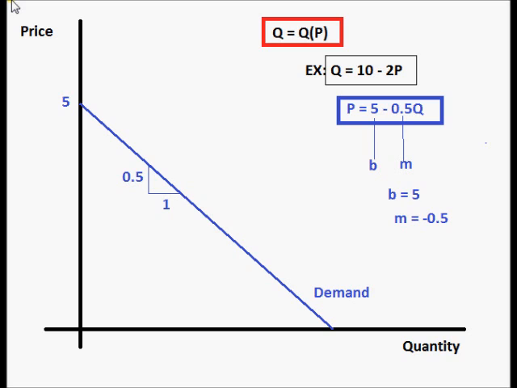Hopefully this tutorial is helpful in understanding how to go from a regular demand curve, quantity as a function of price, to an inverse demand curve, which is conducive for graphing, and highlights the fact that we use both inverse demand curves and demand curves in economics.